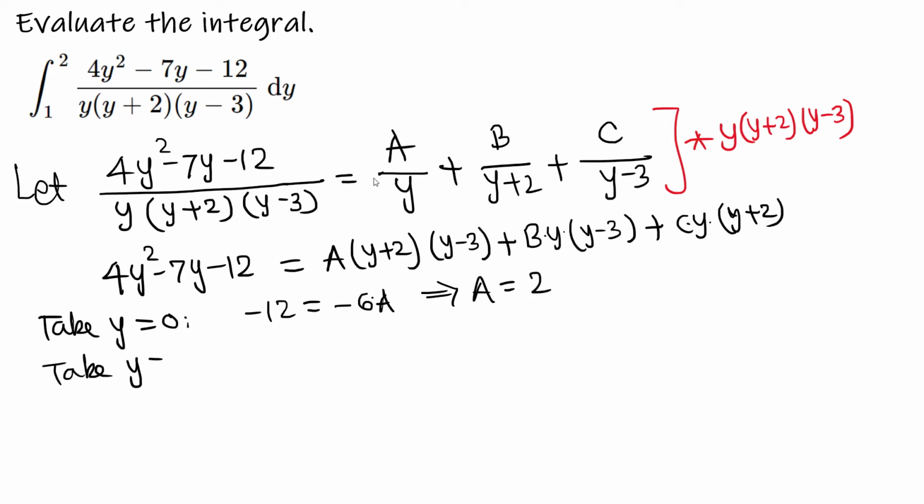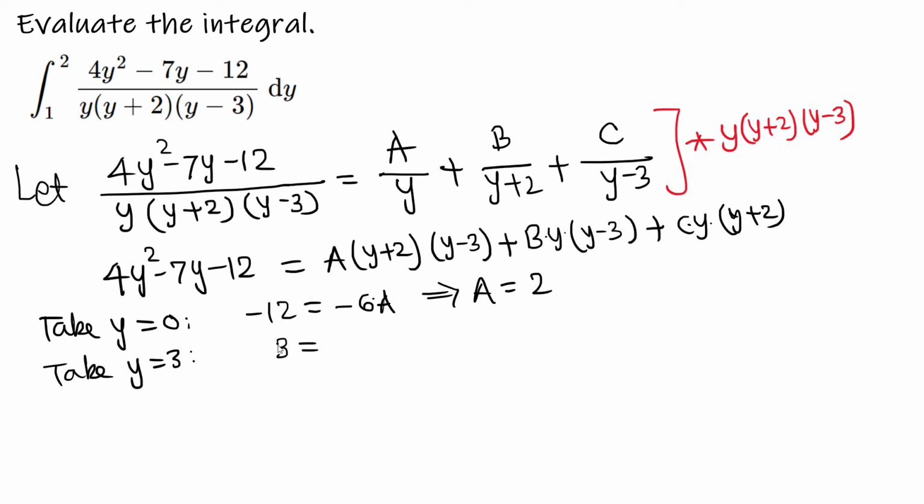Similarly, take y equals 3, because y minus 3 will be 0. That's why I chose y equals 3. 3 squared is 9, times 4 is 36, minus 7 times 3 is 21, minus 12. So that comes out to be 3.